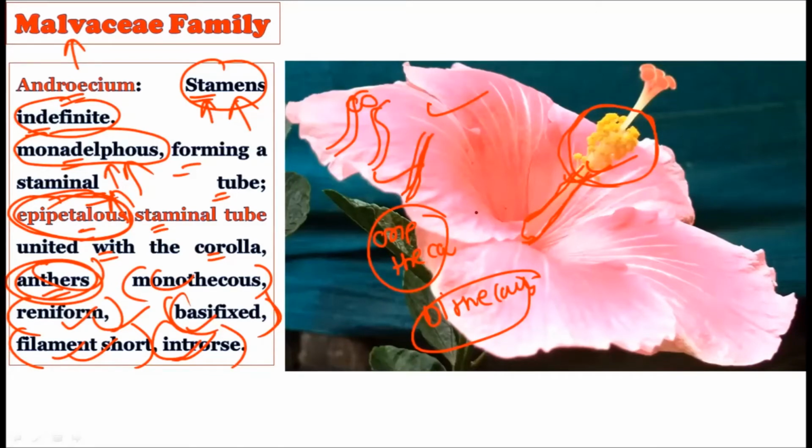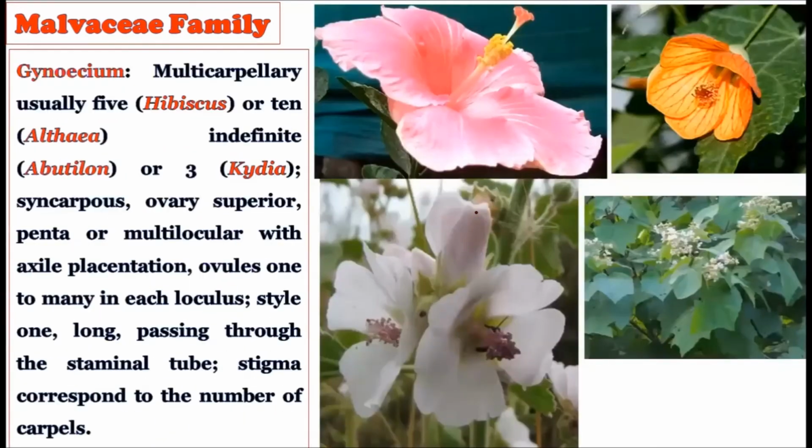Okay, now let us consider the gynoecium, how the gynoecium is. See, multicarpellary, and usually five carpels are there. Observe in this first picture, this is the hibiscus flower, and at the top you can actually count the number of carpels. See, 1, 2, 3, 4 and 5 carpels are there in the hibiscus. So the multicarpellary condition is there.